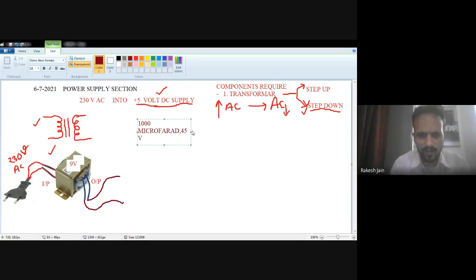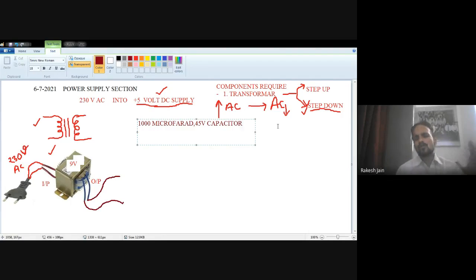First, understand how to build the circuitry, then you can ask me if you have any question. So a 1000 microfarad, 45 volt capacitor.